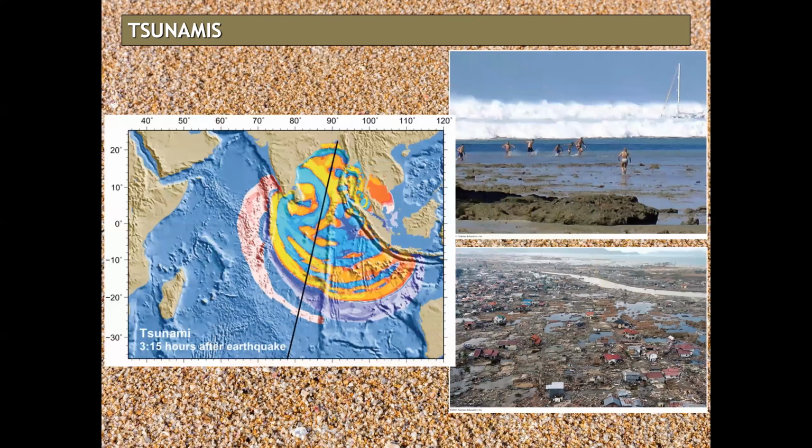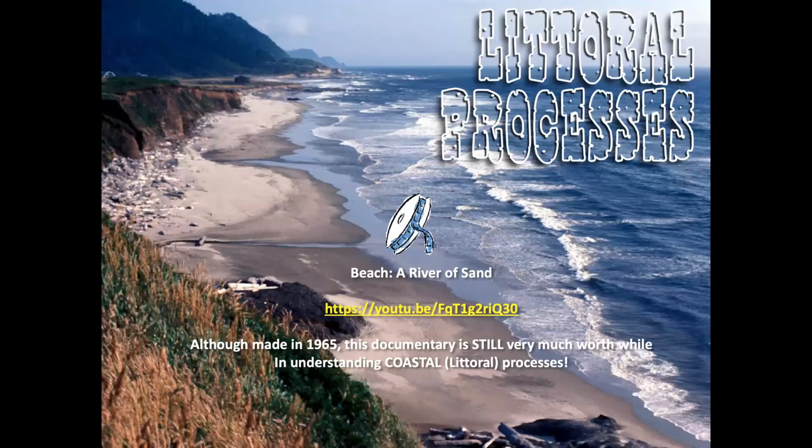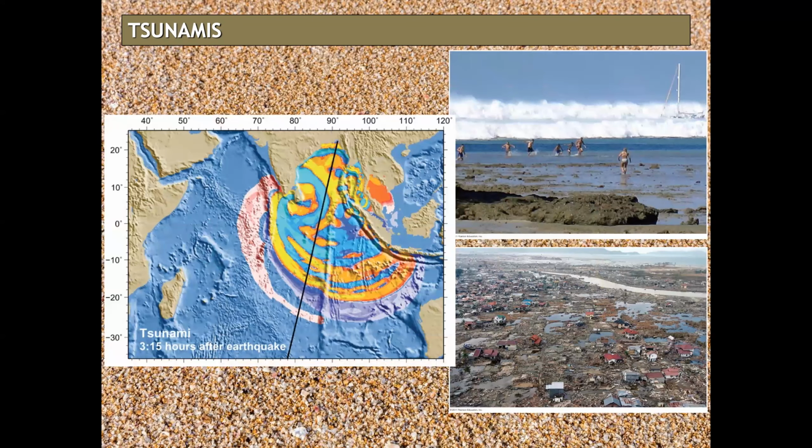Now, here's an example of a tsunami: what happened in Japan in 2011, and what happened in Indonesia in 2004. Tsunamis are exceptionally destructive and can cause many, many lives to perish because they can move inland quite a bit, especially if the area is especially flat.